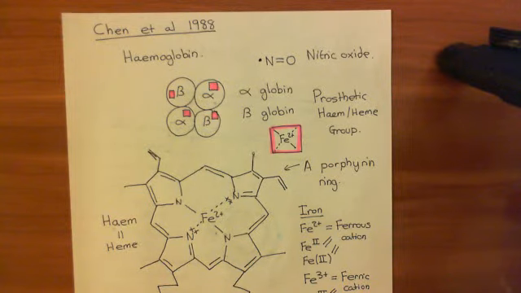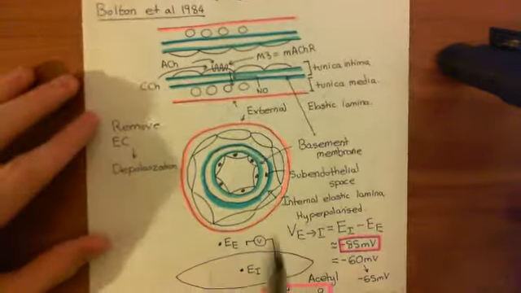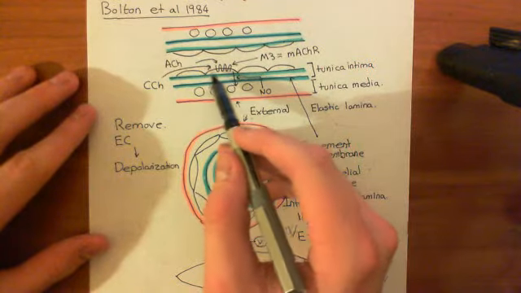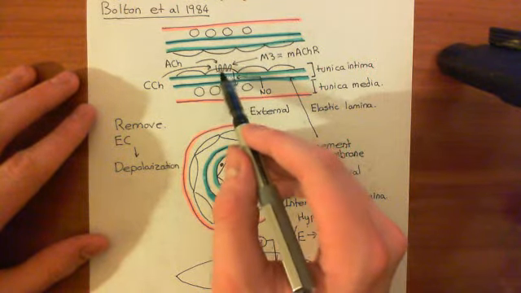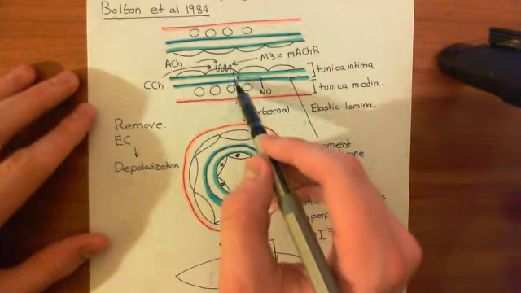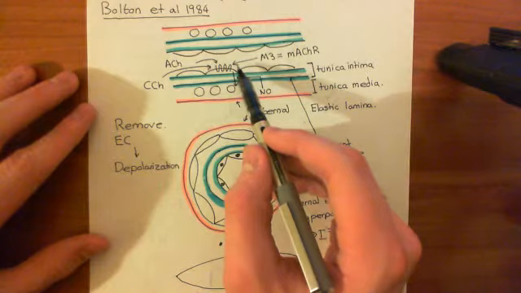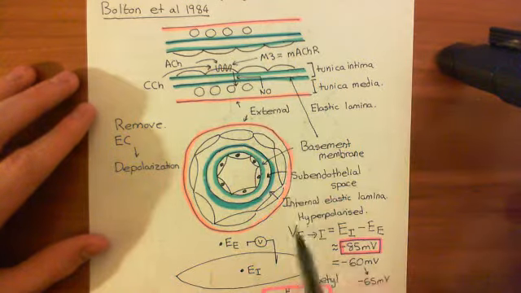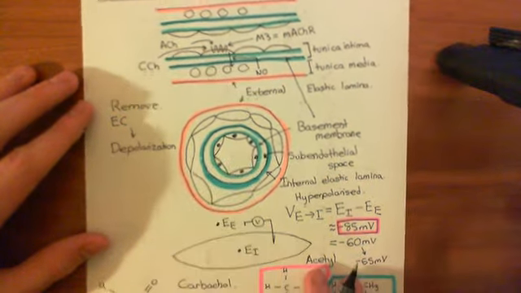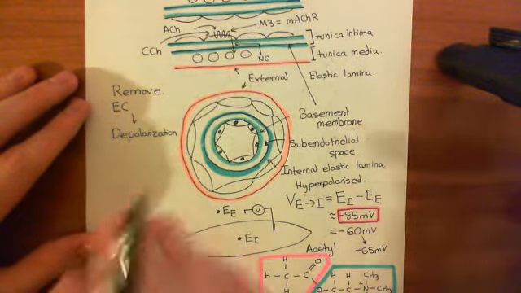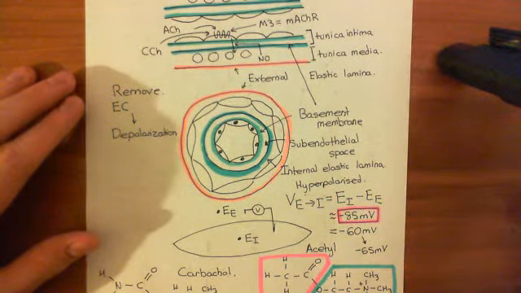So he could then look and see what happens when you stimulate the endothelial cells with acetylcholine or carbachol, and remember both of those chemicals bind to the M3 receptors on the endothelial cells. Now, we know that that's going to trigger the production of nitric oxide. The nitric oxide is now, however, all being mopped up, and we can see whether we still observe the endothelium-dependent hyperpolarization that Bolton et al. in 1984 had observed.